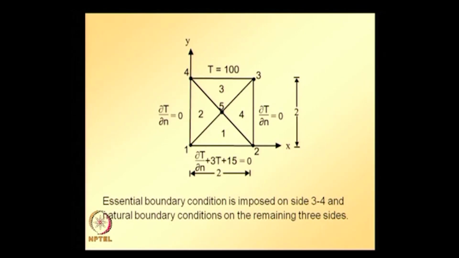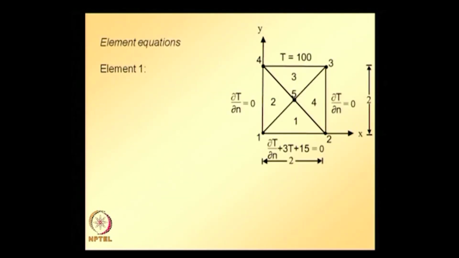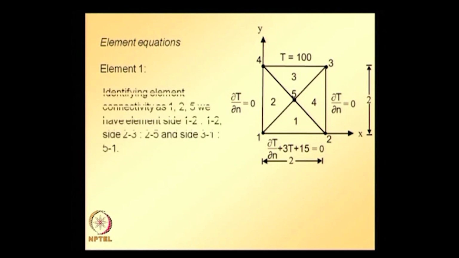So, now let us start assembling the element equations, starting with element 1. For element 1, first we need to identify the nodes, identifying the element connectivity as 1 2 5. So, this is how element 1 connectivity is identified: 1 2 5.